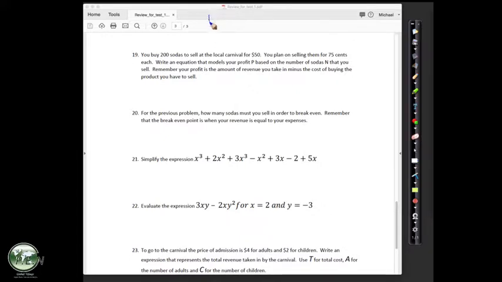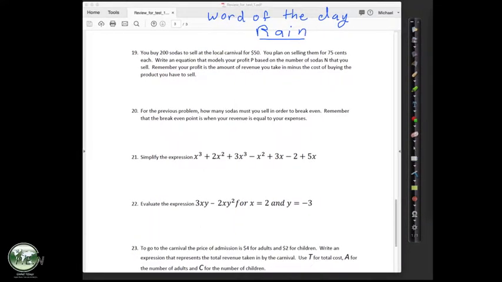Rainy day. Rain sounds like a good word of the day. Rainstorm. That's clever. Okay, rain.